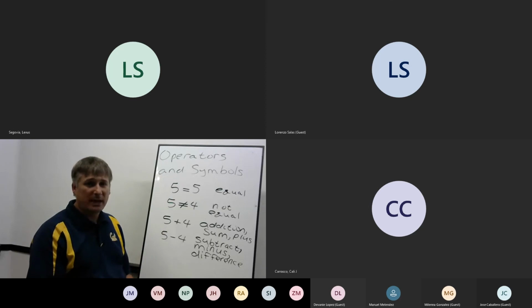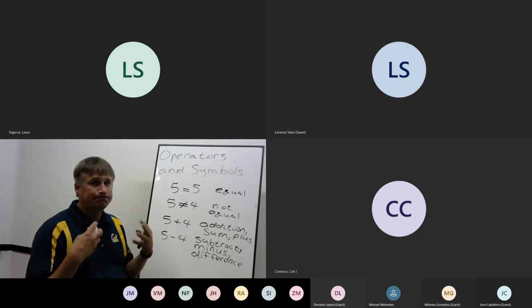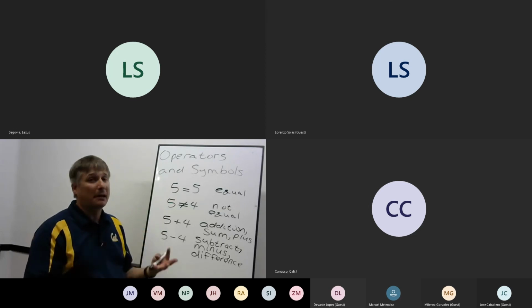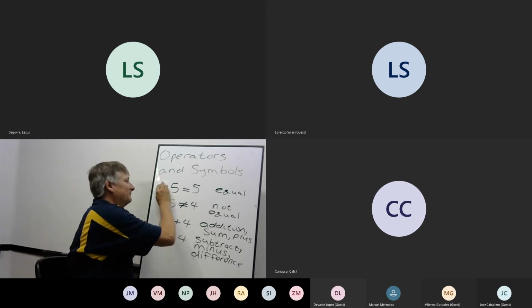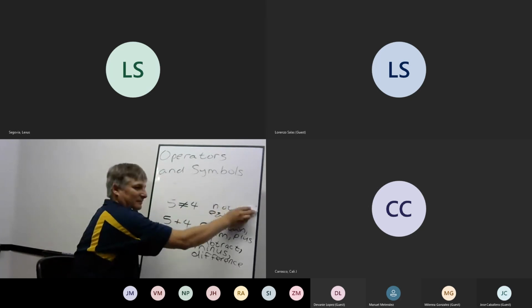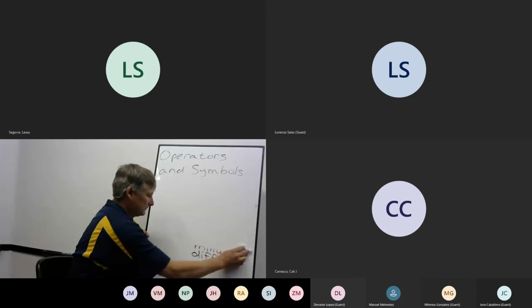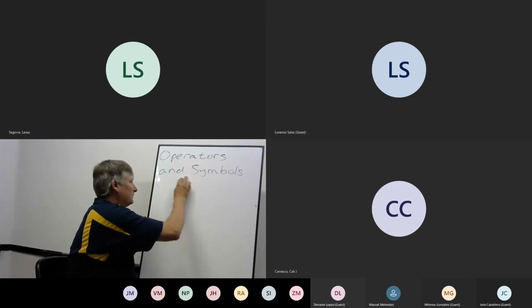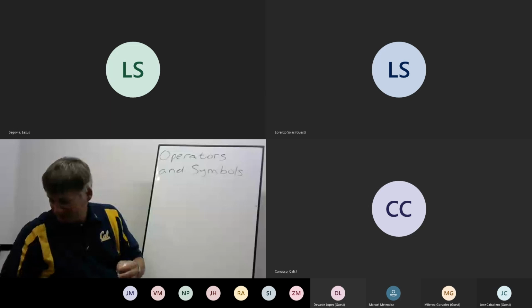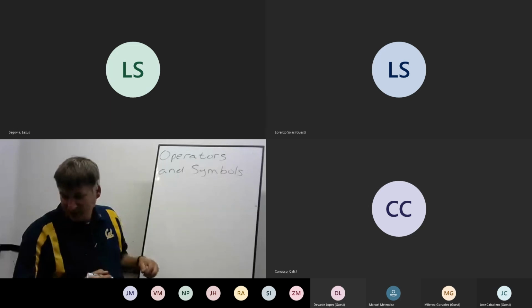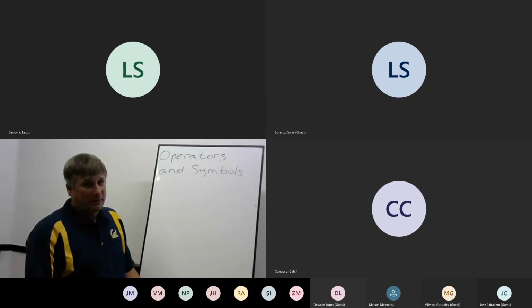When we get to multiplication, it gets a little more complex. So multiplying.